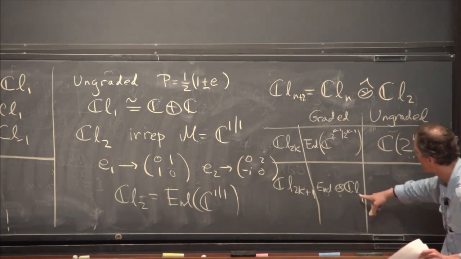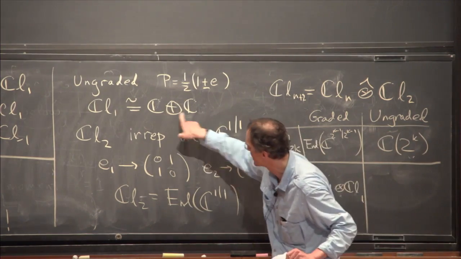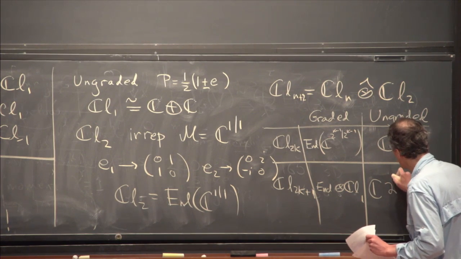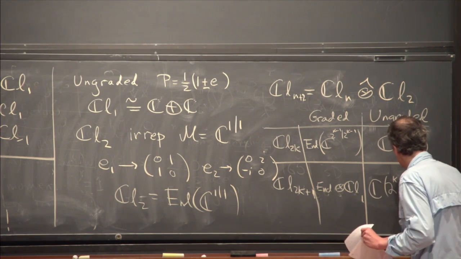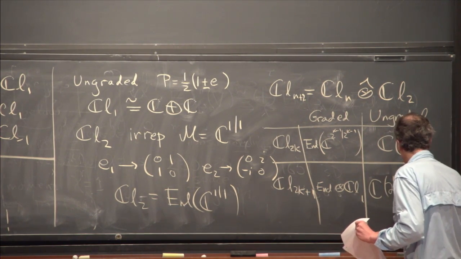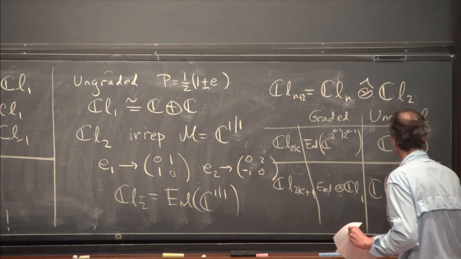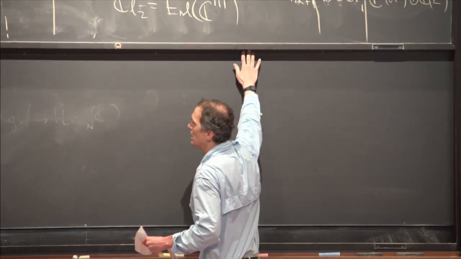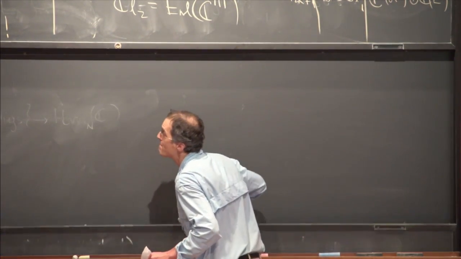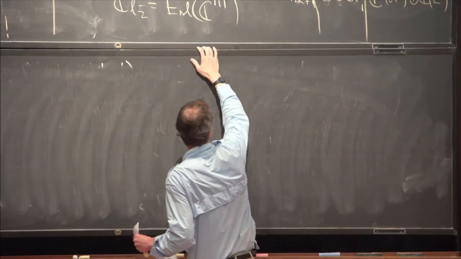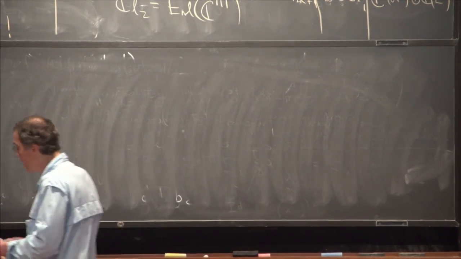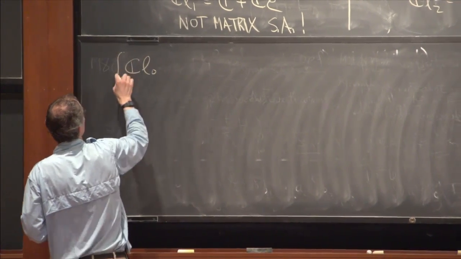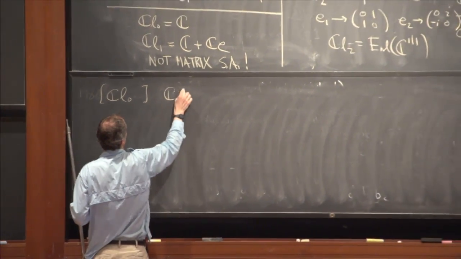And then if we forget the grading, then Clifford 1 is C plus C. And so this is not a simple algebra in the ungraded sense. It's a direct sum of two matrix algebras.